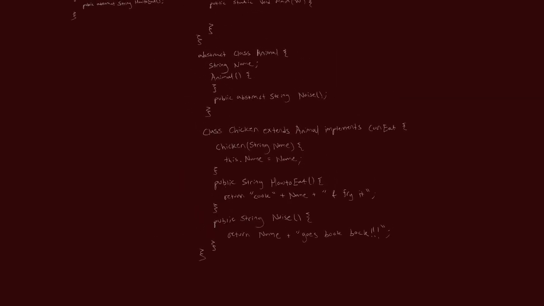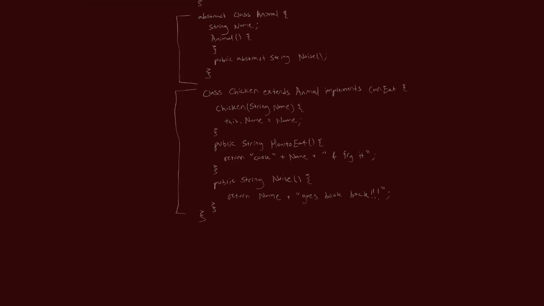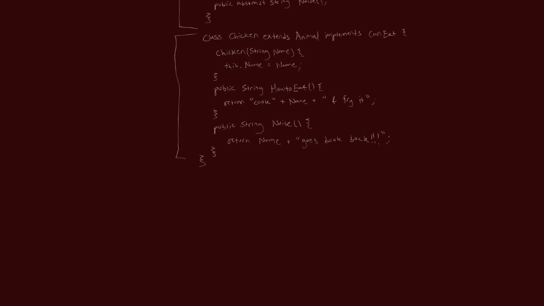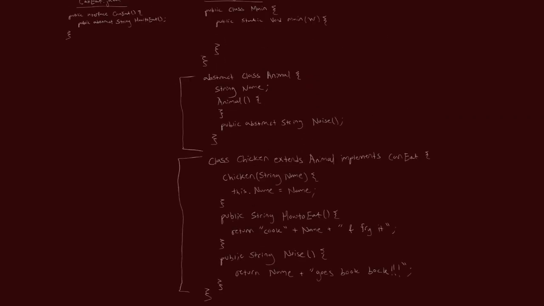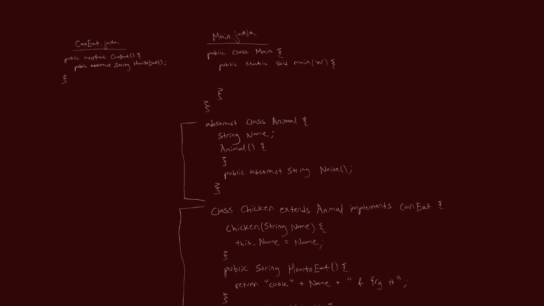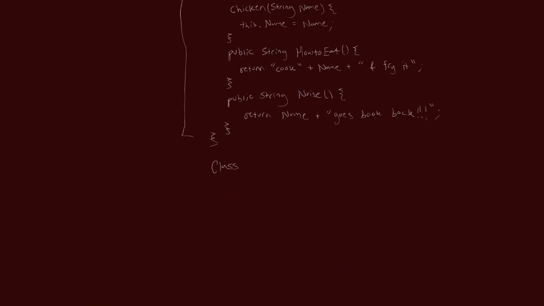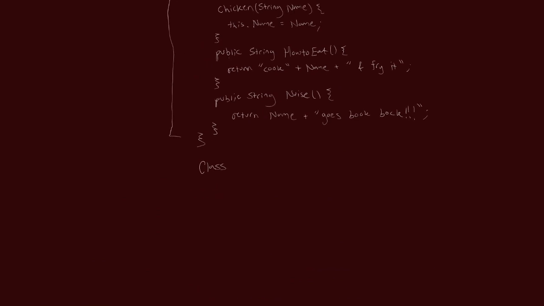Okay, so we have our Animal class, then we have our Chicken class. We'll put a Fish class as well. So we'll do class Fish. Oh yeah, all of these classes are not in different files. They're all under the Main.java file, so that's why I didn't put public class or anything.